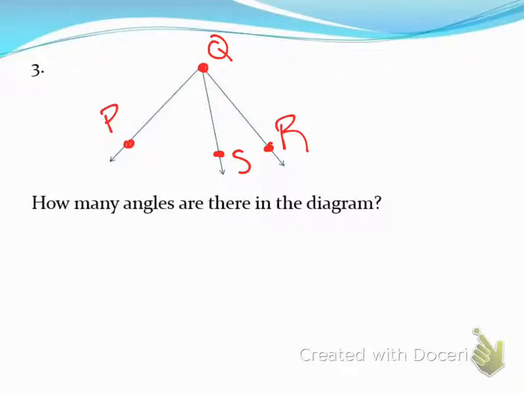So let's name them and see if we can figure it out. Give me the name of an angle you see. Nikitra. PQS. PQS would be an angle. So that would be this angle here, PQS. That's an angle.